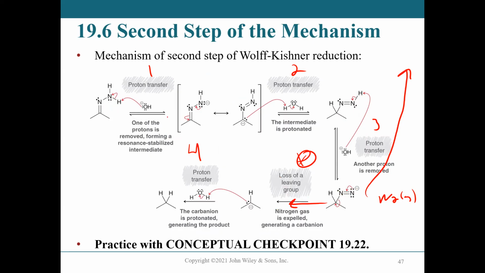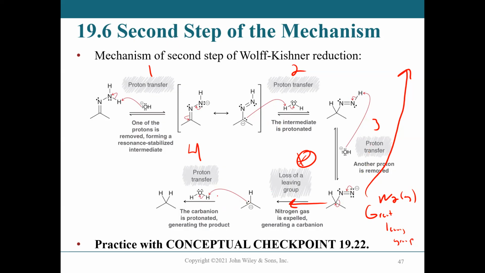So we have our first proton transfer, where one of the protons is removed, forming a resonance stabilized intermediate. Then you have another proton transfer, followed by a third proton transfer. Now we have our great leaving group. I'm going to call this the great leaving group. Then we're going to form our carbanion.